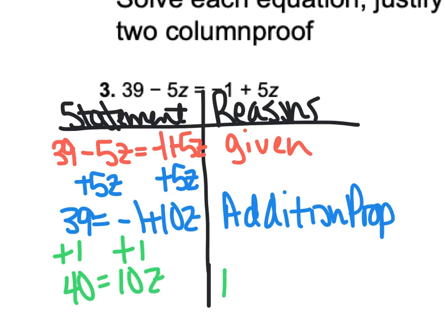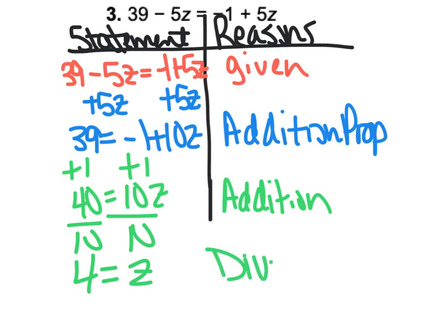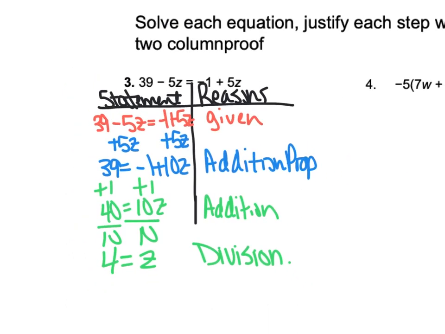Well, what did I do? I added again, so that's the addition property of equality. Last step, I want to divide both sides by 10. I get z equals 4, or 4 equals z, and all I did was the division property of equality. Okay, so take a look if you paused the video and tried to do it on your own. Hopefully you came up with something similar to that.